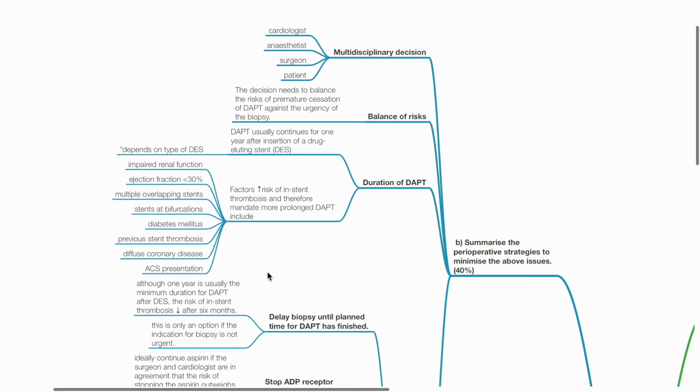Factors that increase the risk of in-stent thrombosis and therefore mandate prolonged DAPT include impaired renal function, ejection fraction of less than 30%, multiple overlapping stents, stents at bifurcations, diabetes mellitus, previous stent thrombosis, diffuse coronary artery disease, and ACS presentation.